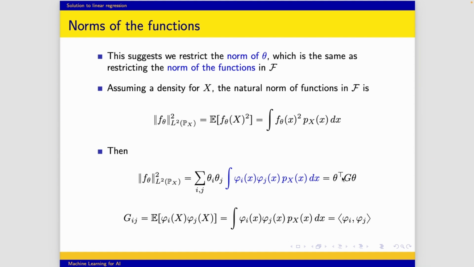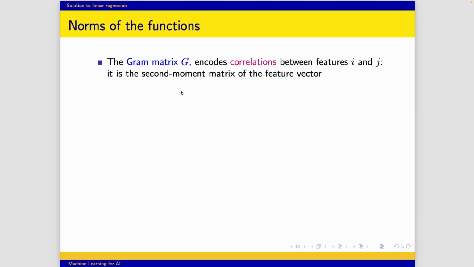Okay, so where next? Well, this G we call a Gram matrix. It encodes, as I say, correlations between features of our feature map, this feature vector psi of x, now that we've got a random x.